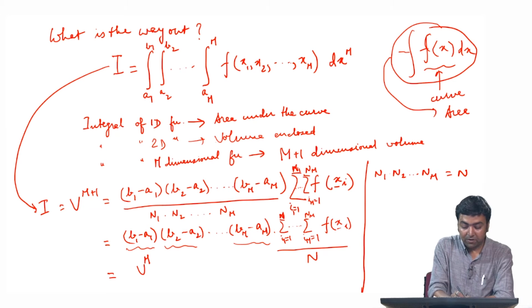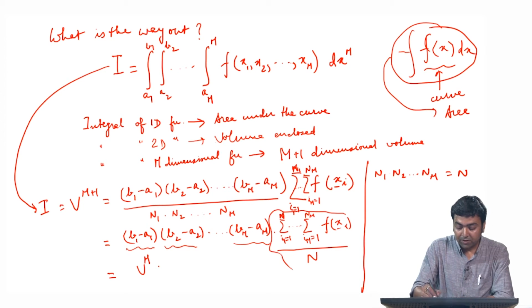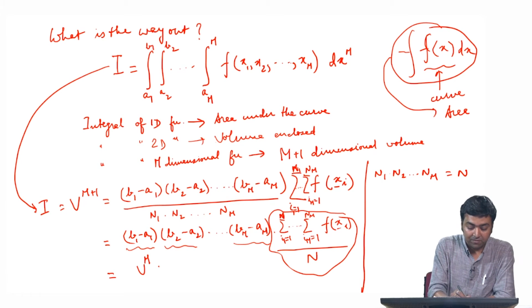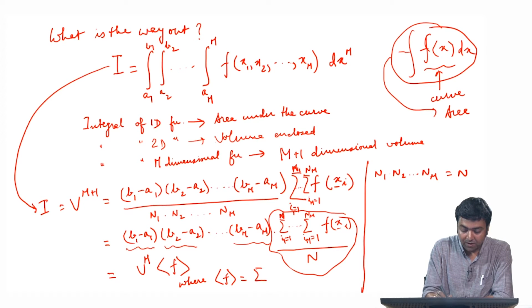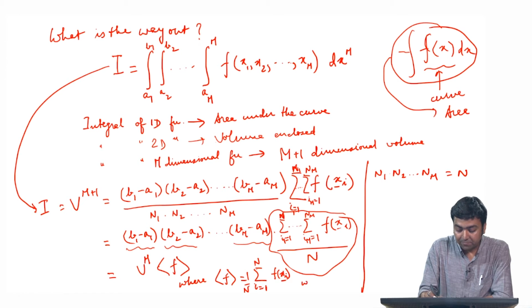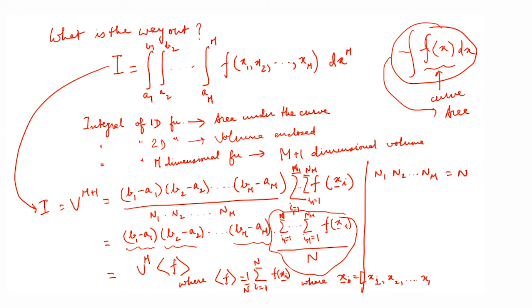This other term is nothing but the average value of the function, which I write as f bar, where I am now removing the individual summations and putting one summation of f of x i into 1 by N, where x i is a vector consisting of i components, x 1, x 2, all the way to x m.